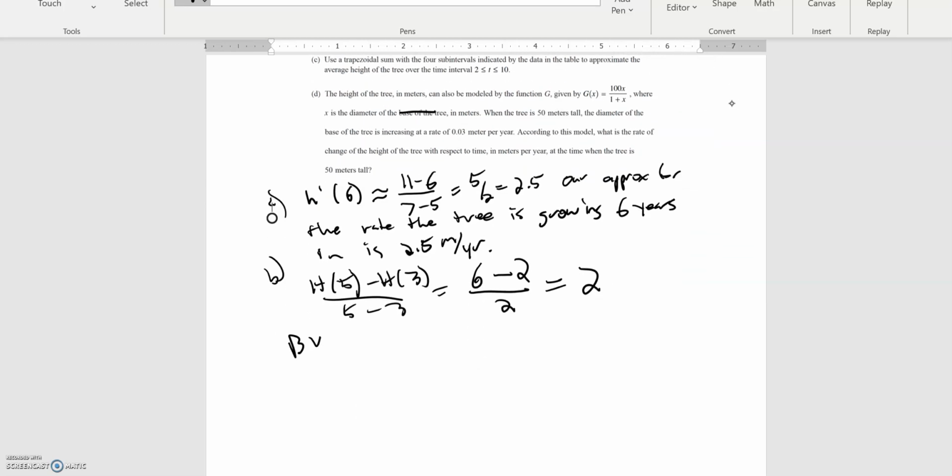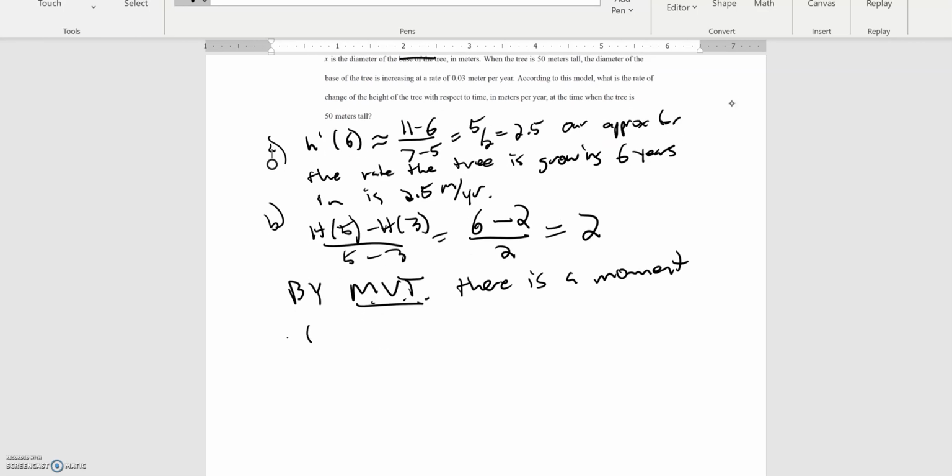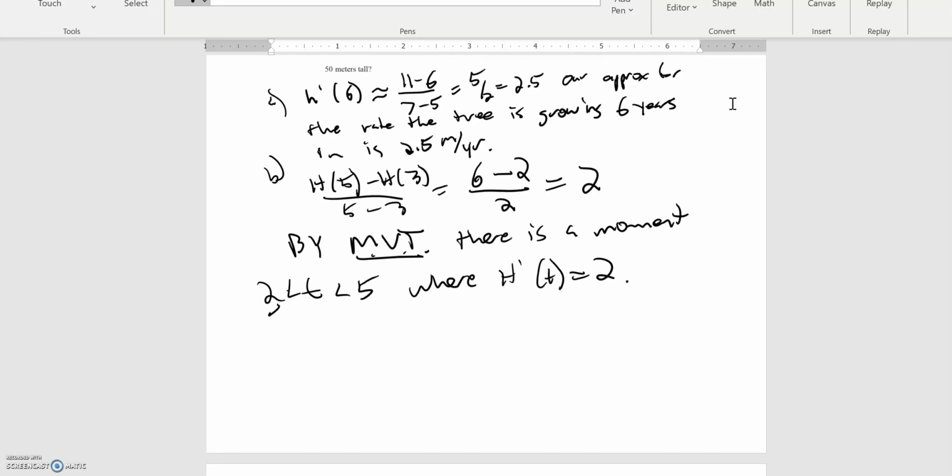So by the mean value theorem, there is a moment, and it could be more, it doesn't say only one, there is a moment for t between 3 and 5 where h prime of t equals 2. Because the average slope is 2, that means there's a moment where the instantaneous slope is 2. That's the mean value theorem.